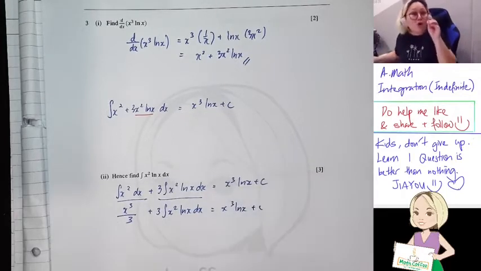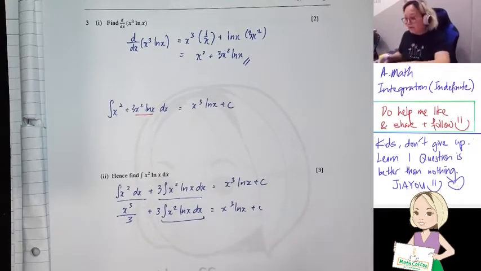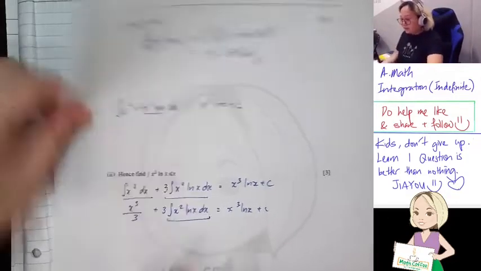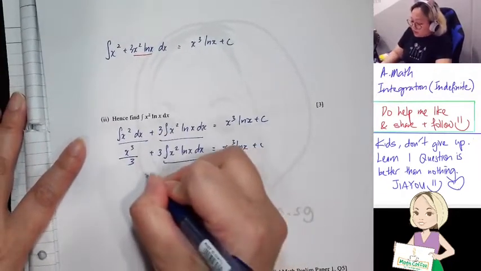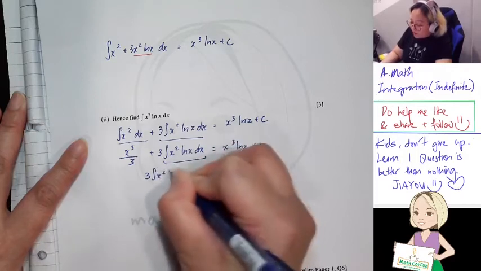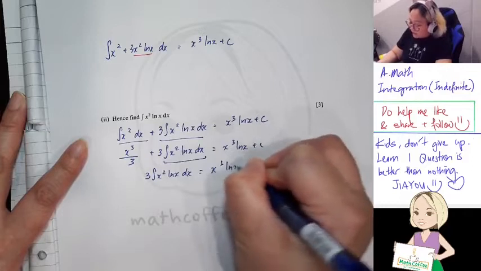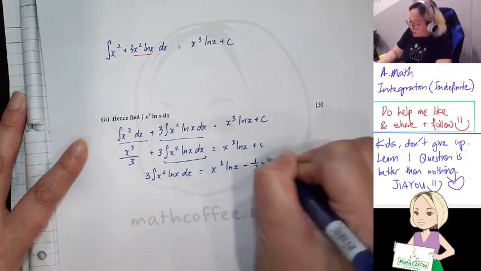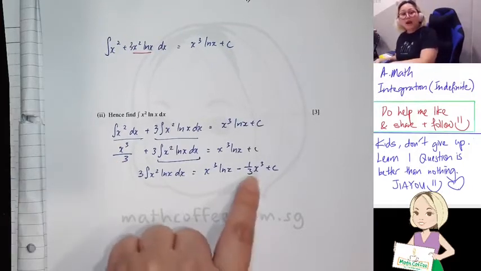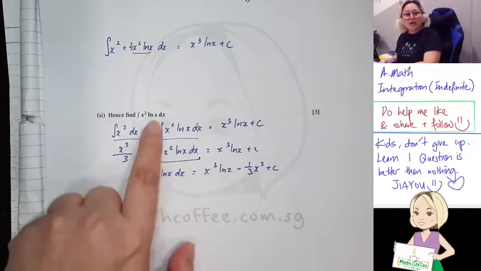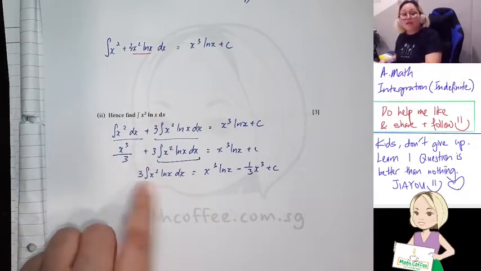So now your objective is to make this the subject. So I'm going to bring this to the right hand side. So it will become 3 integrate x squared ln x dx is equals to x cubed ln x minus 1/3 x cubed plus c. This is 1/3 x cubed, I'll bring over, become minus 1/3. And the question asks you to find integrate x squared ln x, but over here, this is 3 integrate x squared ln x.